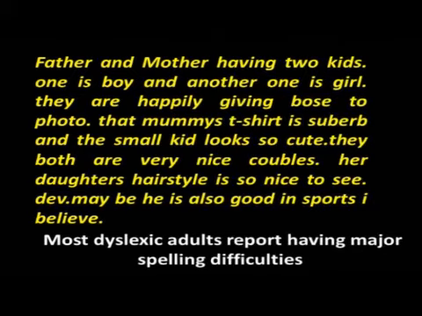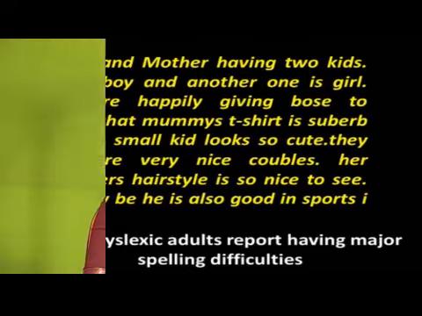Most dyslexic adults report having major spelling difficulties, and they try to avoid situations where their weakness might be revealed. Many of the difficulties for both children and adults appear to stem from three main causes: poor phonological skills, poor visual imagery, and insufficient instruction.